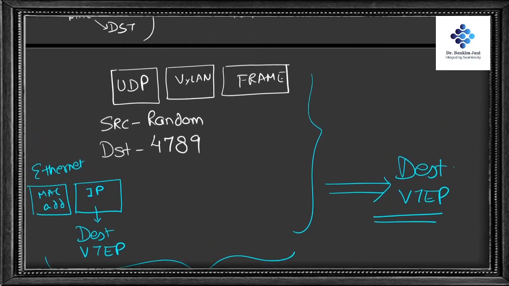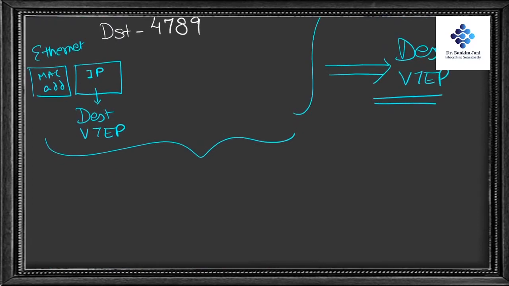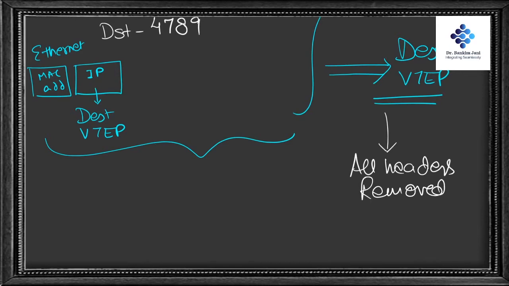Going via underlay, and here all headers would be removed and the package would be delivered. All headers would be removed. We'll take one example of this.